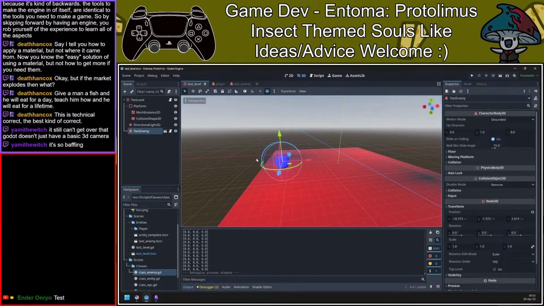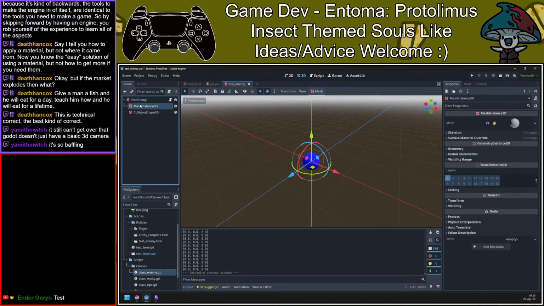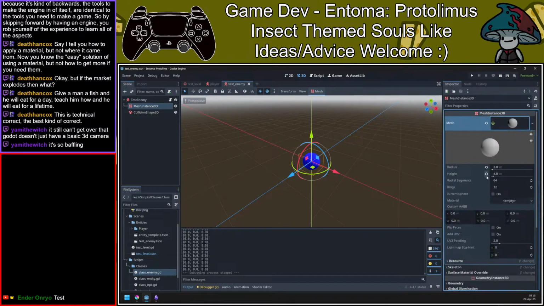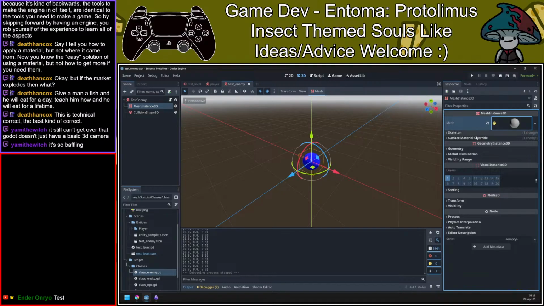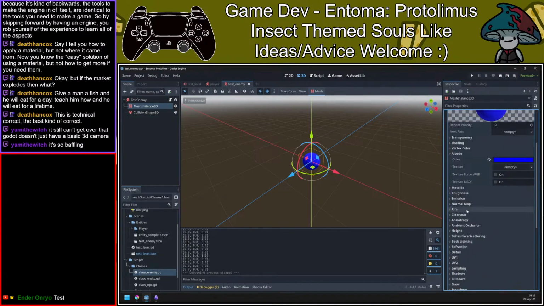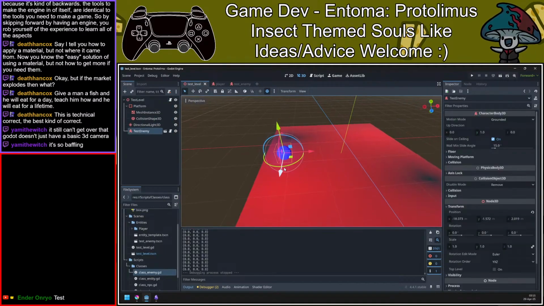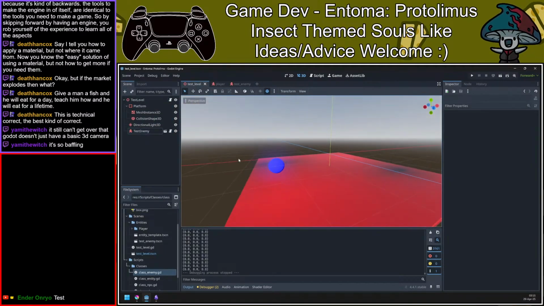Why do you have luminosity? You should not have luminosity. Actually, I guess that's not necessarily luminosity. That's just how light works.